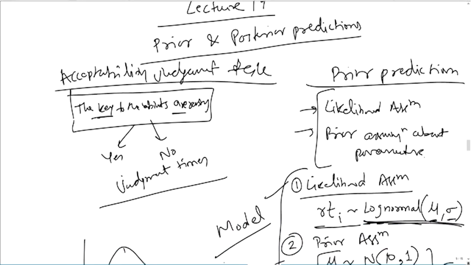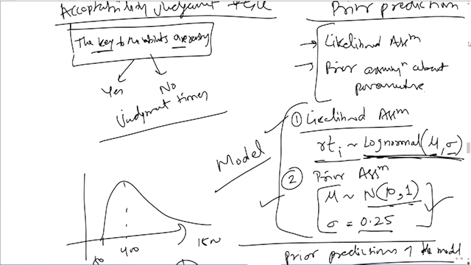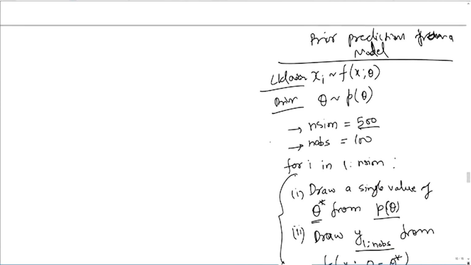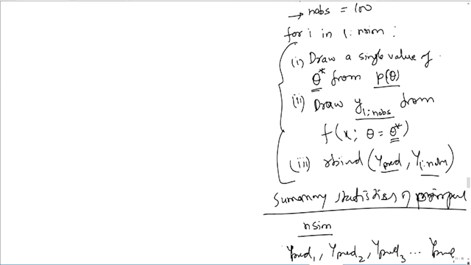In the next lecture, we'll practice how to generate prior predictions in R and also posterior predictions. Now, posterior predictions are just slightly different from prior predictions, in the sense that once you have estimated your posterior after seeing the data, let's say this is your posterior distribution, you use this posterior distribution to generate predictions for future data. Remember, in prior prediction generation you are drawing samples from the prior.